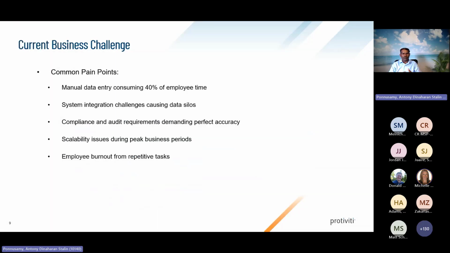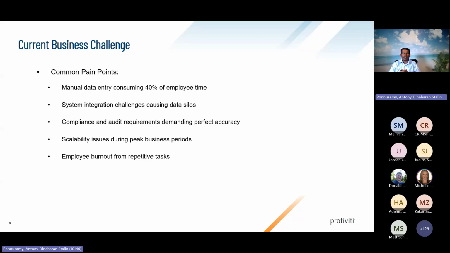So what are the reasons the business has pain points? Manual entry, right? Manual entry generally takes 40% of employee time. That's the reality. Then there is data in silos. For example, you have data in a website, or in one system, and other data in a different system, siloed.